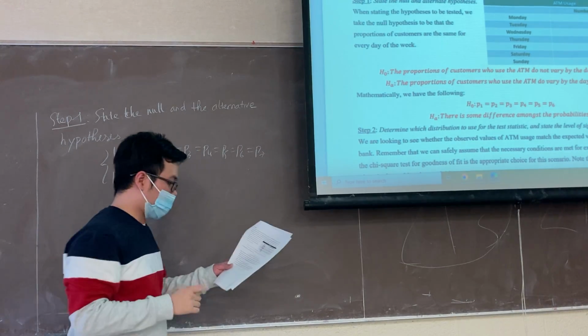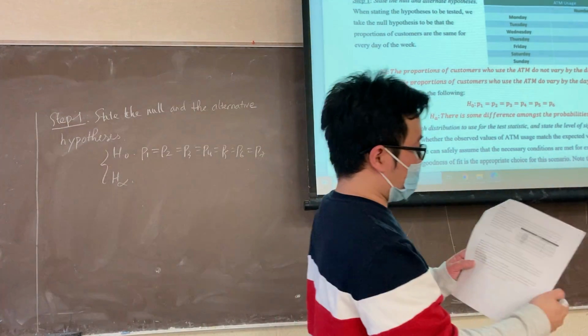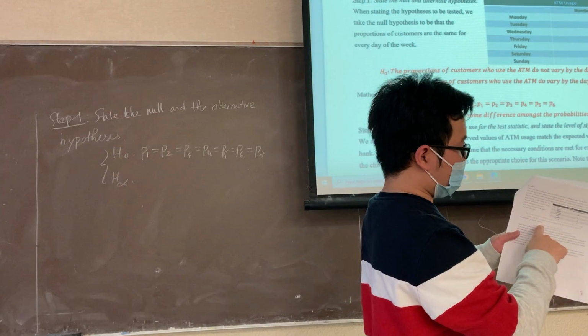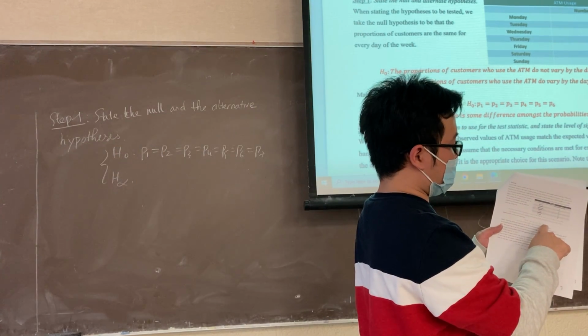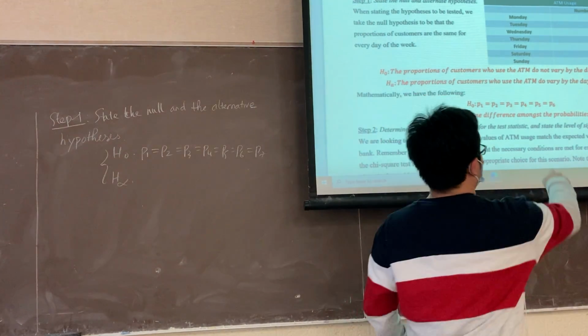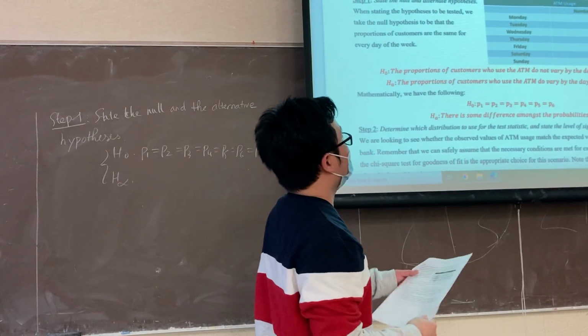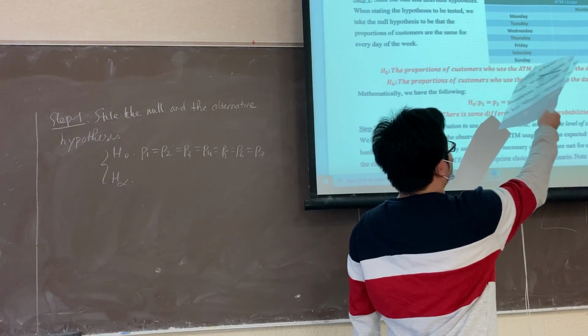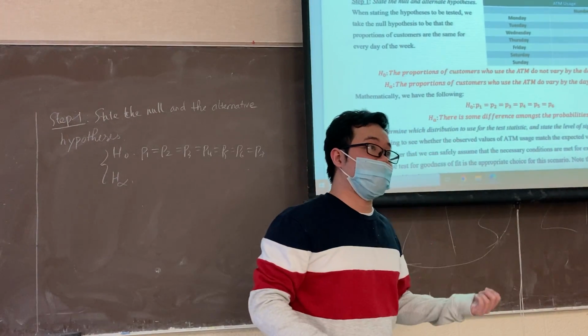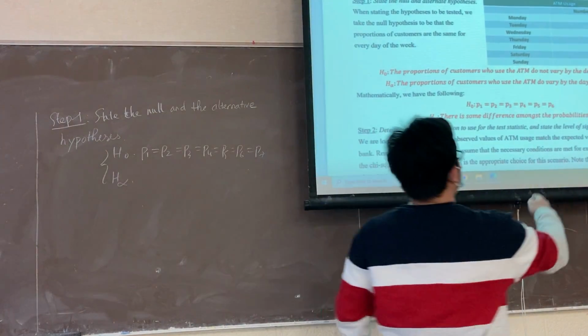Okay, this is my mistake, a typo. You can write down here B6, B7. It's not B6 only, it has B7 here because we have 7 days, right? Monday, Tuesday, Wednesday, Thursday, Friday, Saturday, Sunday. We have 7 days in the week, so it goes up to B7.